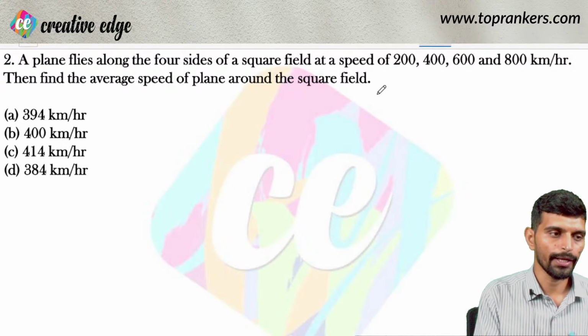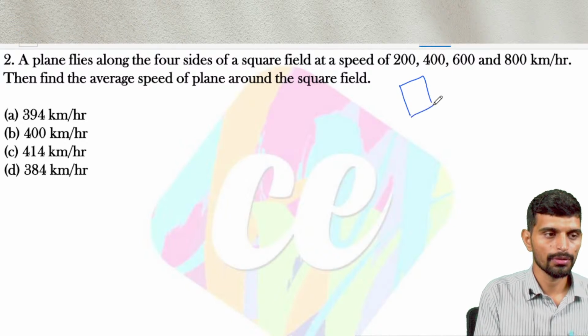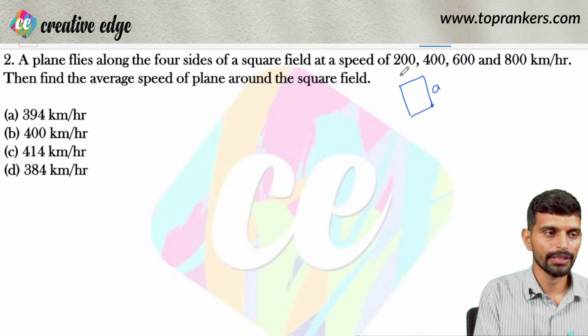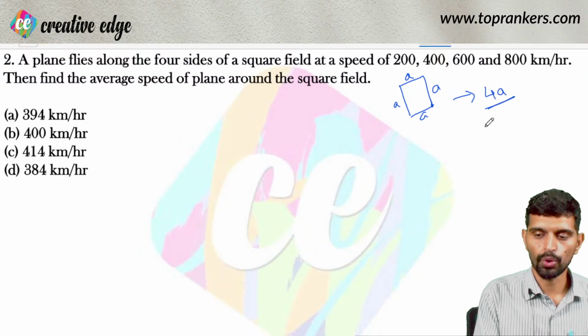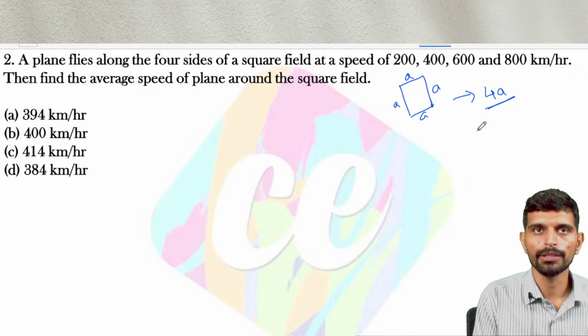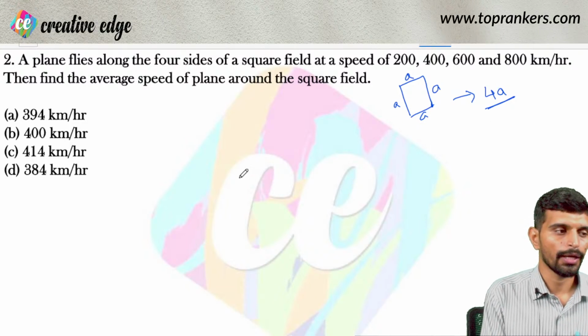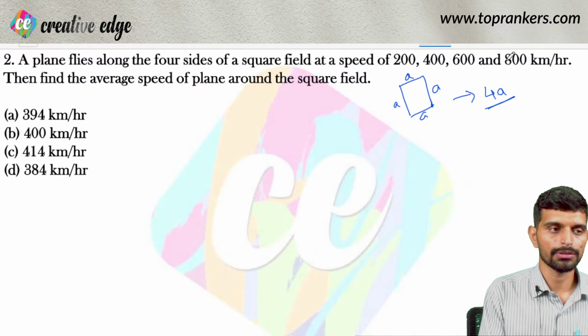A square has all sides equal, so the total distance if the plane covers the entire square is 4a. And the speeds at which the plane covers this distance are different.